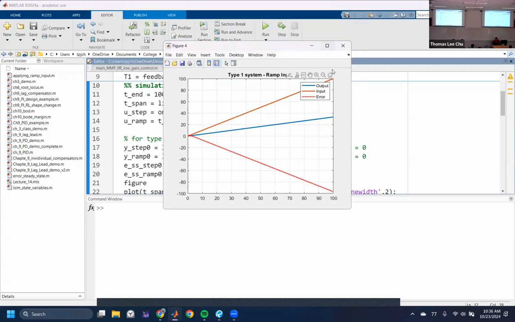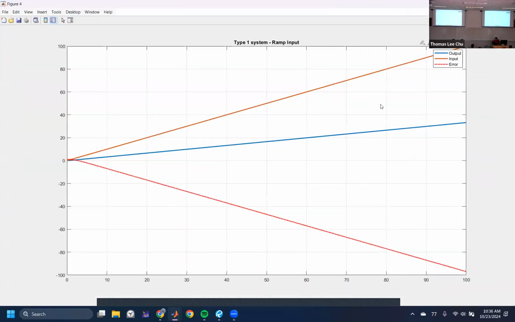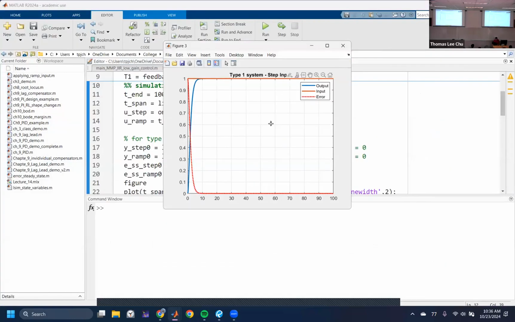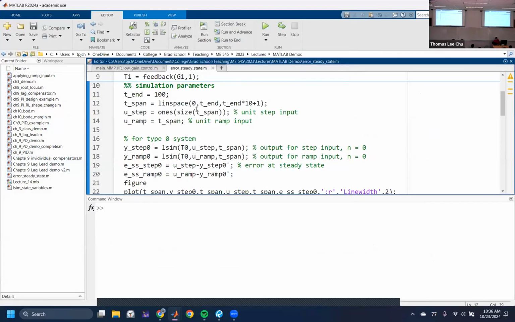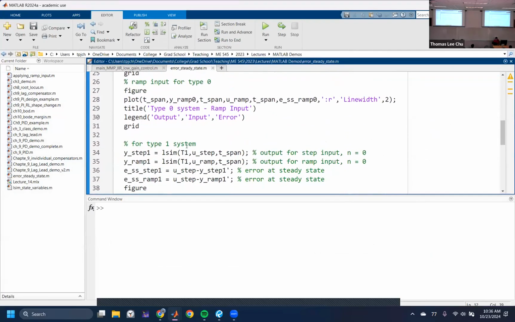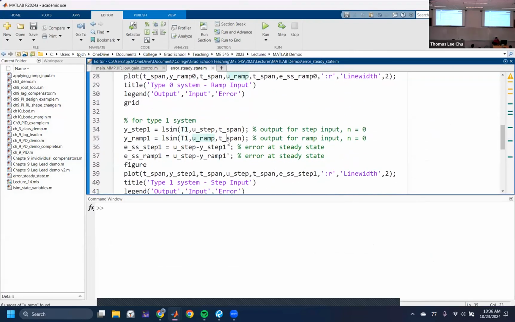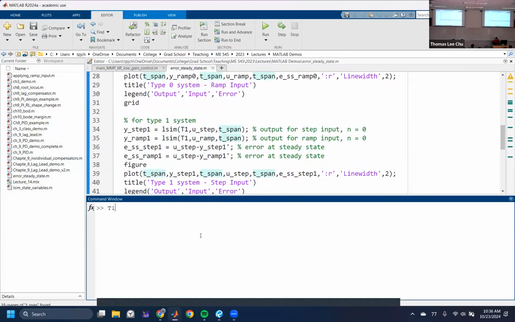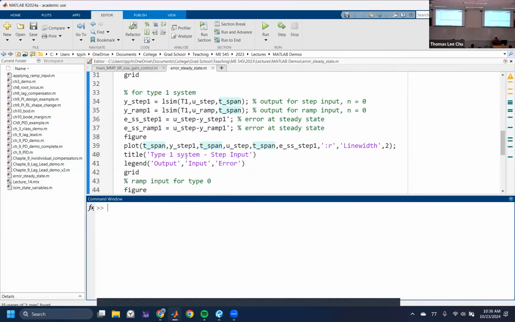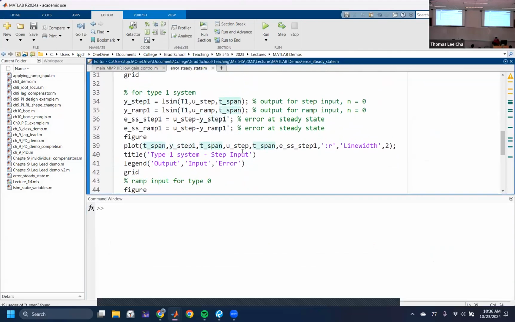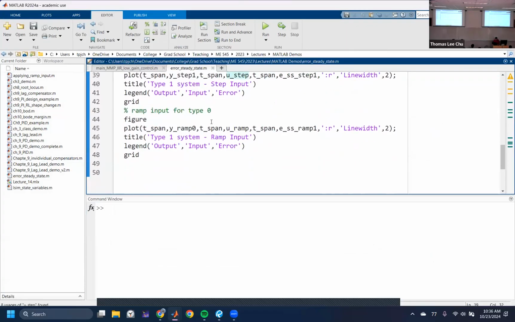So it still looks like it's off. Something is wrong with this ramp input. It looks like the error is increasing. Let me just check if I'm using T naught ramp input for T1 ramp. T-span.